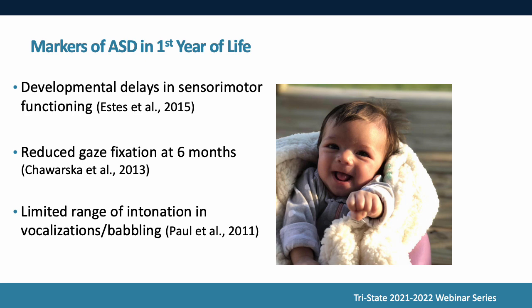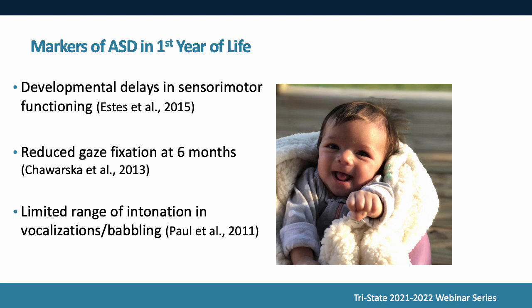So what parents tell us and what we see in the studies is we have overall delays for many children who turn out to have ASD in their sensory motor functioning, and that includes the timelines for when they let go of primitive reflexes, how they explore their environments. We often see reduced gaze fixation at 6 months, meaning they don't look at things quite as long.